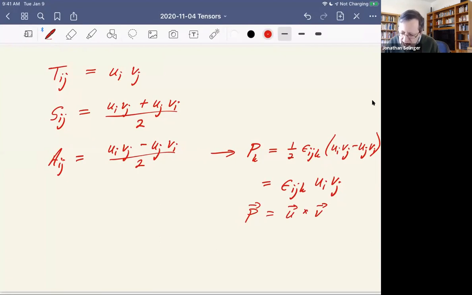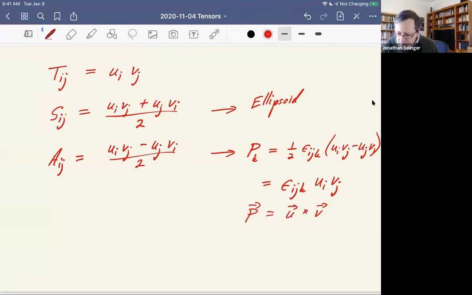Then the S, this thing changes into an ellipsoid. It has 3 special directions and corresponding eigenvalues, this ellipsoid.